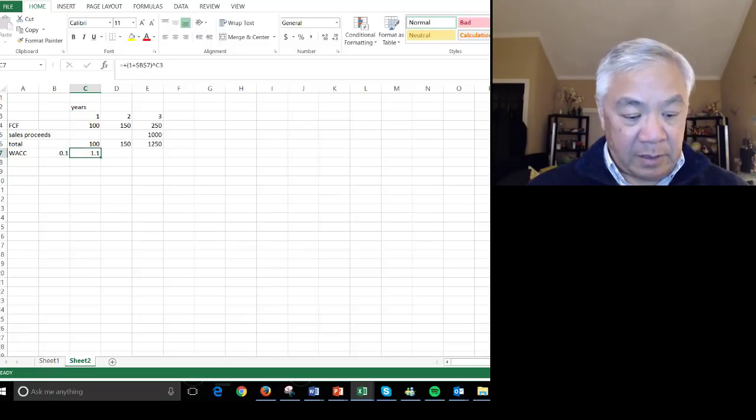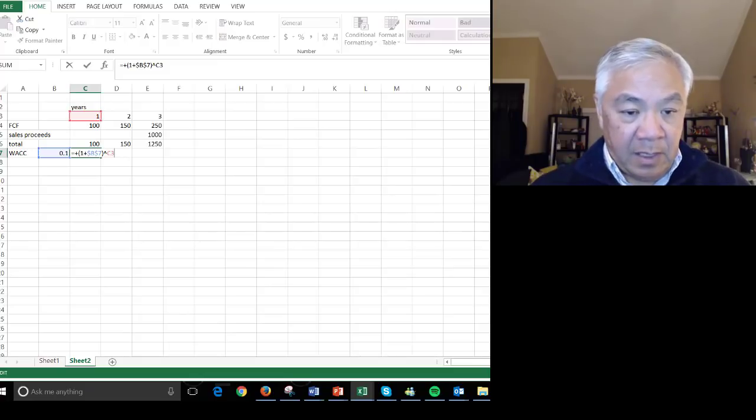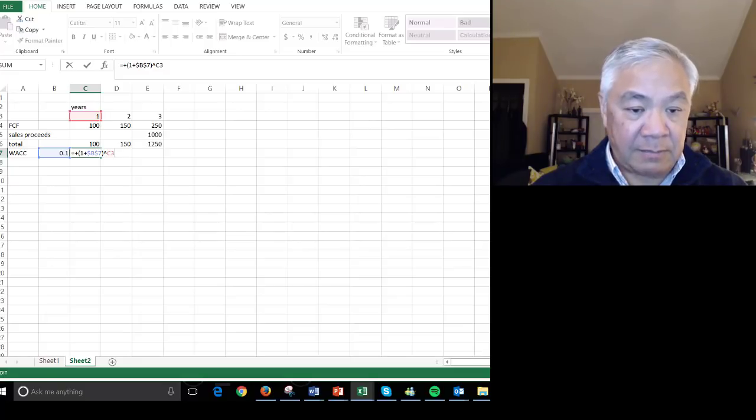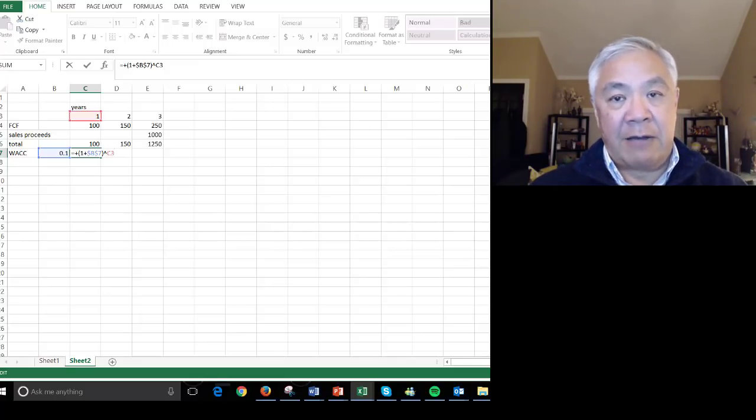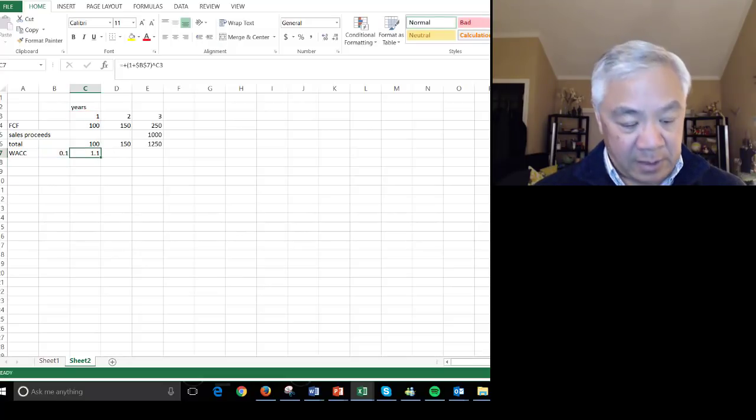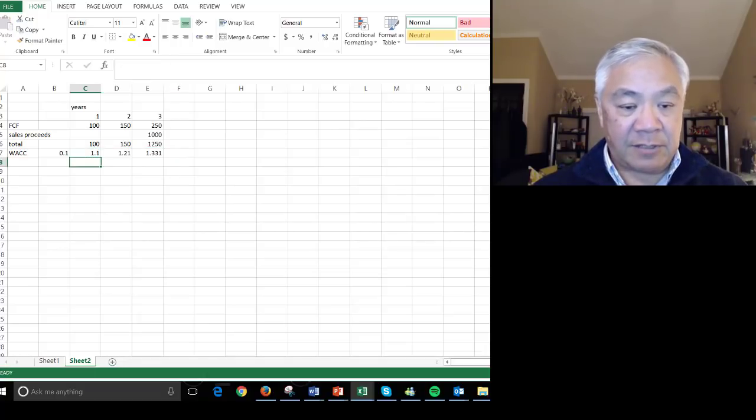Okay, so let me go through that one again slowly. 1 plus the WACC, which is absolute reference, $B$7, close parens, raised to the power of C3, which is the first power. By using references, we can now copy this formula. That's why we do it this way, rather than hard coding numbers. So copy, over, and now we have the right factors.